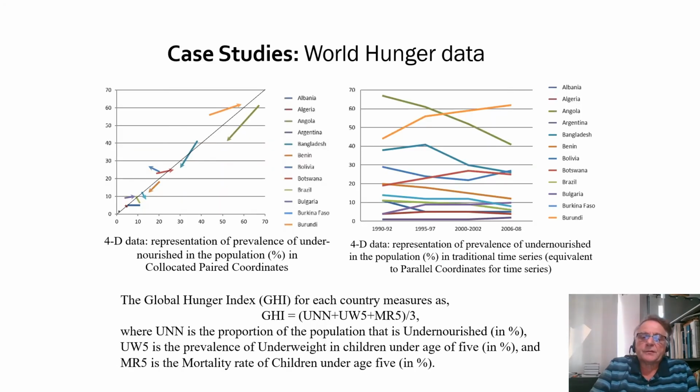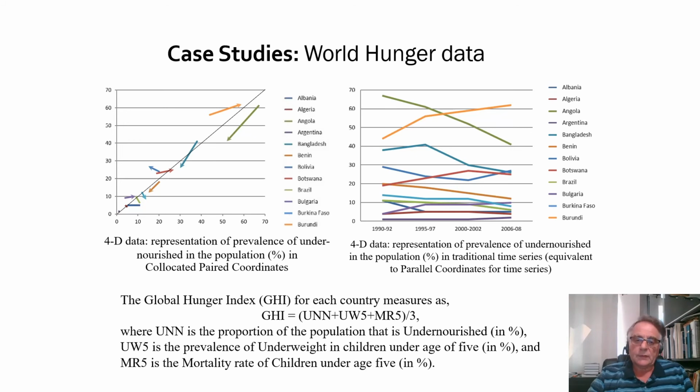This case study of the world hunger data illustrates the advantages of collocated coordinates. On the right, you see multiple countries with the different years when the hunger index was recorded. It's obvious that in one of the countries the situation is improving, in another one it became worse.